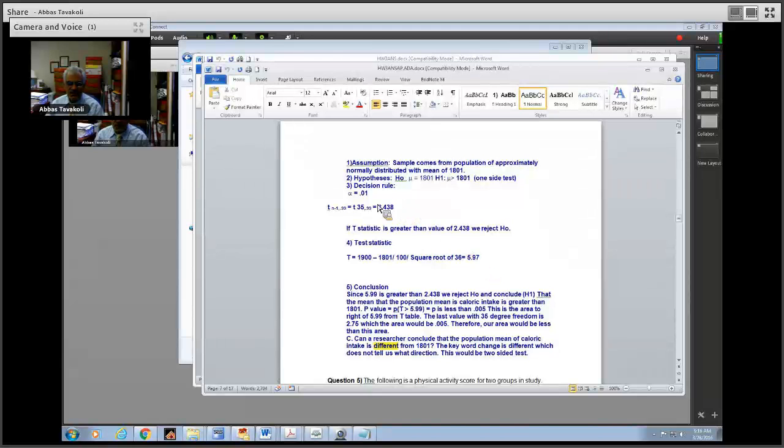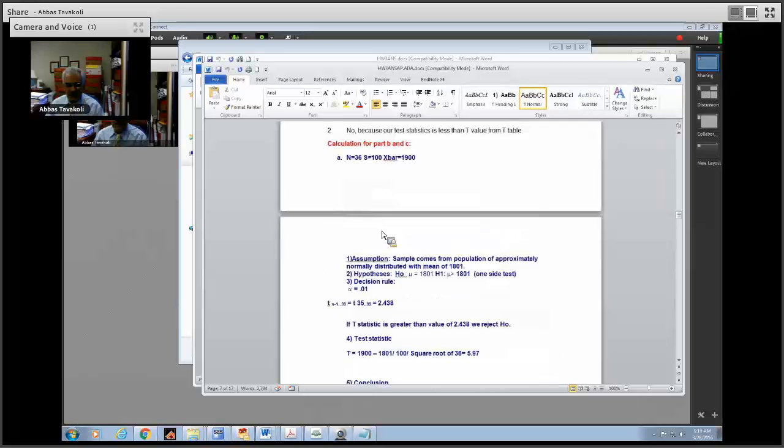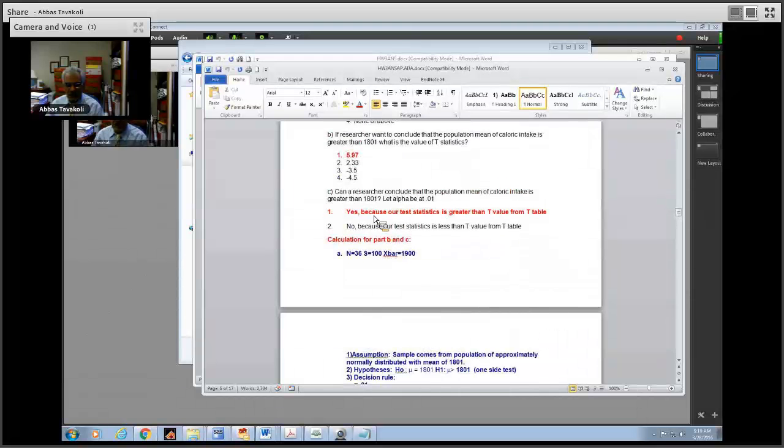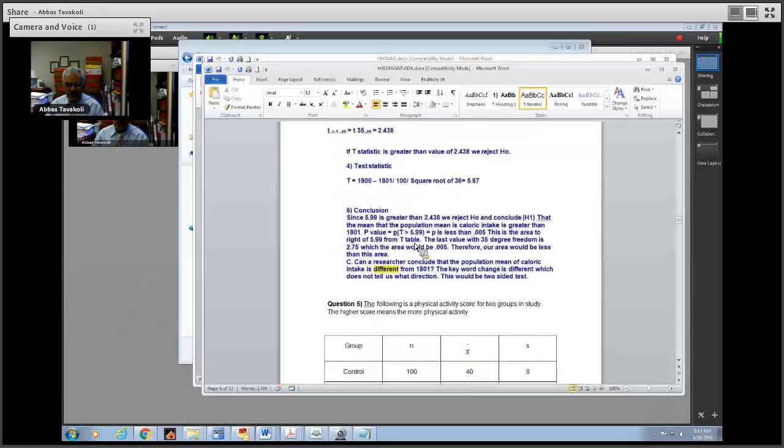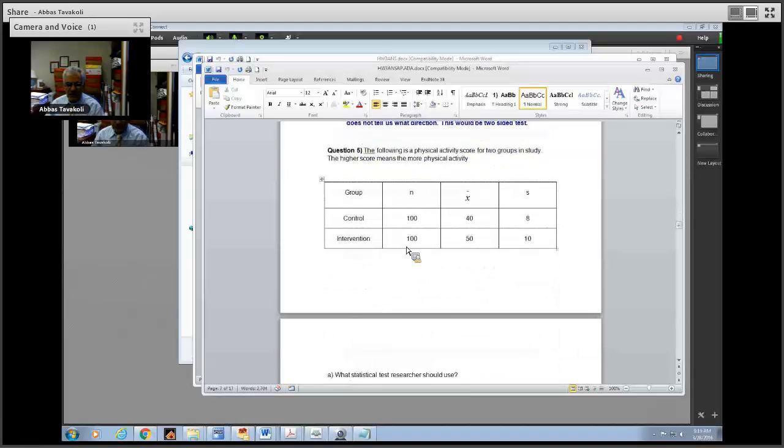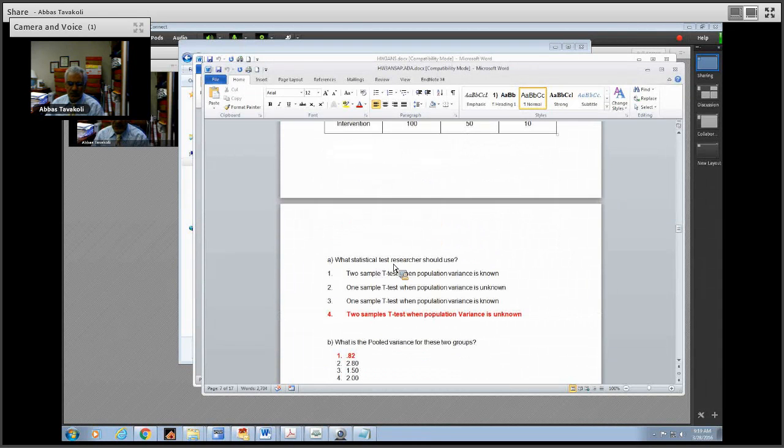That is the value you're going to compare to. The statistic is 1900 minus 1801 divided by 100 over the square root of 36, which is 5.97. This value is much greater than that value. Therefore, you reject, because the t statistic is greater than the t value from the table.